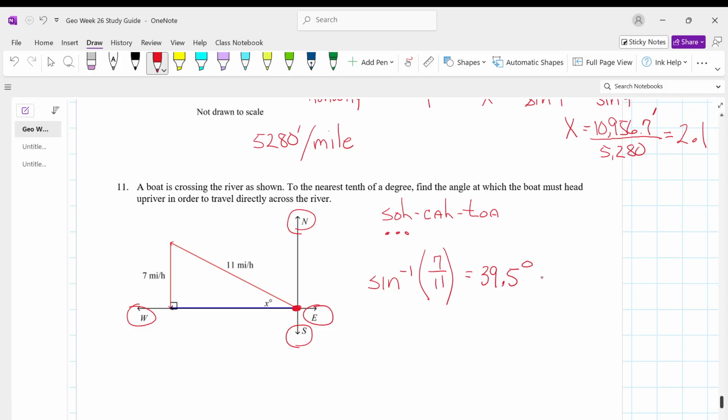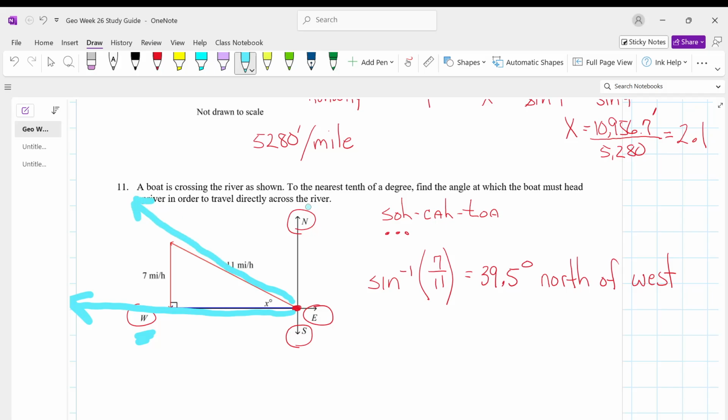That's called north of west. All right, if he was heading directly west, he would be heading horizontally right here. This would be directly west. There's your west. But he's got to drive in this direction on this diagonal. So he's going north of west 39.5 degrees.